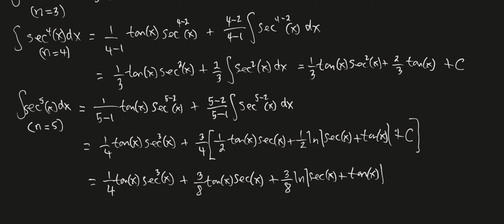This is technically like a C1, so I'll just go ahead and relabel it. So there is still my constant of integration, right? So that's the reduction of order formula.